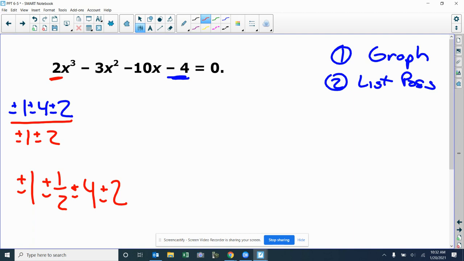Then I said 1 over 1 is 1. 1 over 2 is half. 4 over 1, plus or minus 4. 4 over 2 is 2. 2 over 1, we already have that. And 2 over 2, we already have that. So how many possibilities are there? 1, 2, 3, 4, double that, there are 8.